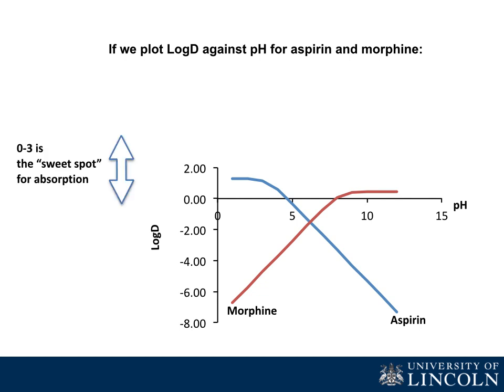So that's just above the x-axis there. So the blue plot for aspirin, that is in that sweet spot in acidic conditions. And for morphine, it's only barely just in the sweet spot at basic pH.